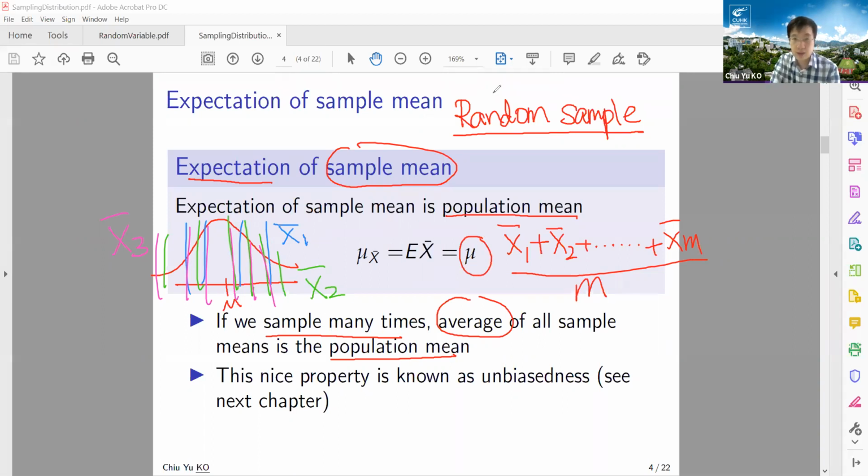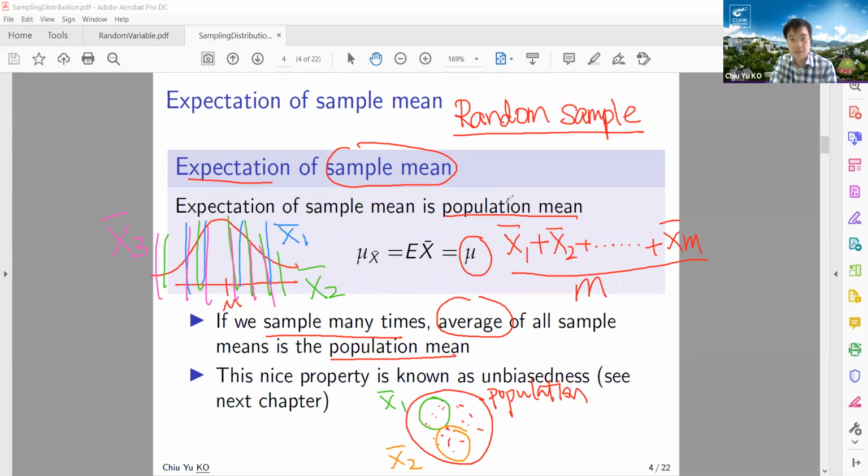Let us do it graphically. Suppose this is the population, with a lot of data points, a lot of objects here, because it is a population. The first time you may draw this sample and come up with x bar 1, then you draw another sample with x bar 2.